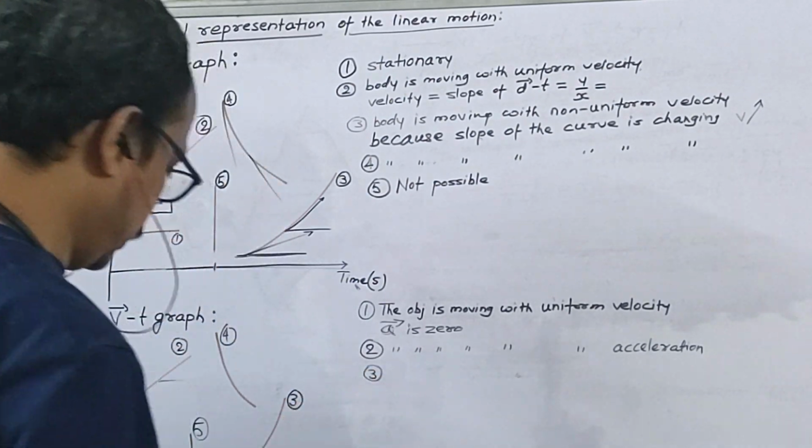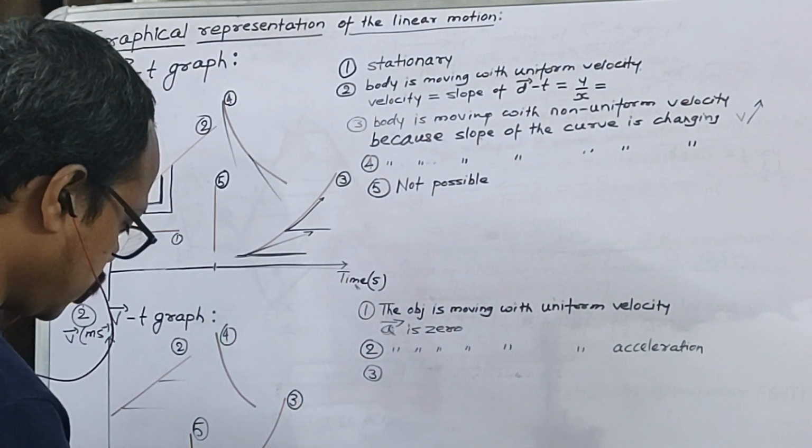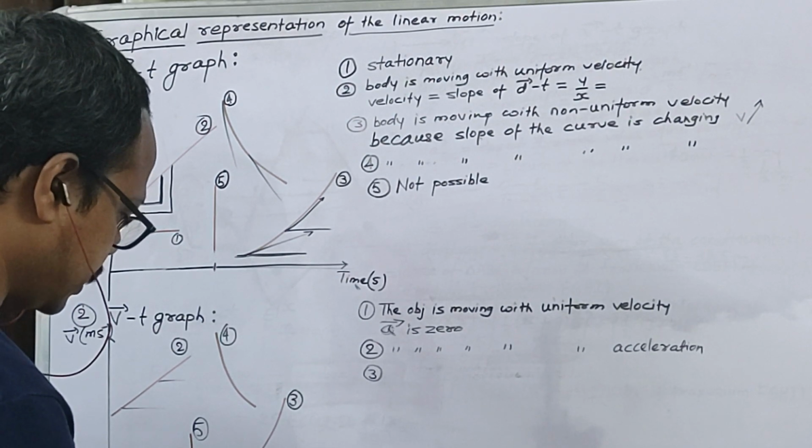Now let us comment on the graph of object 3. In this case, you see the slope of the curve is changing at each and every point.